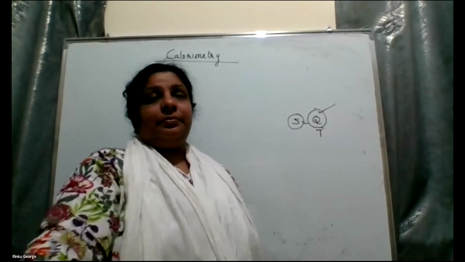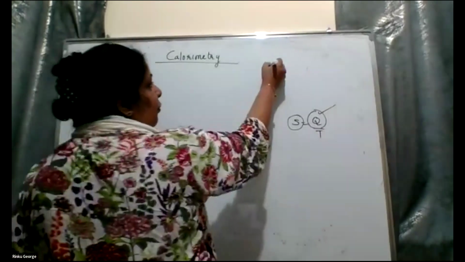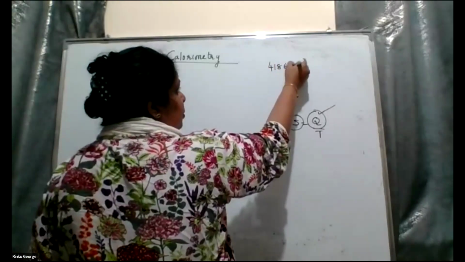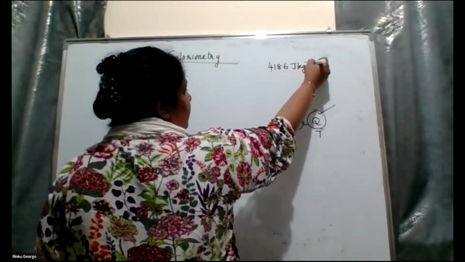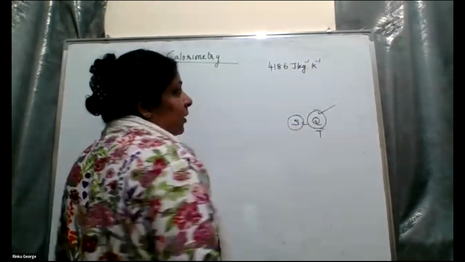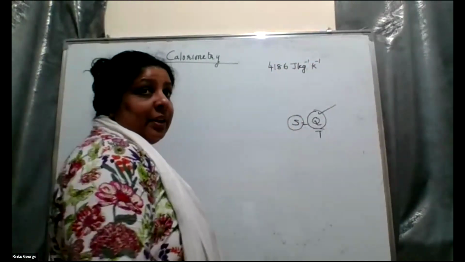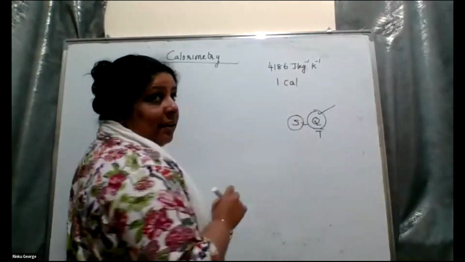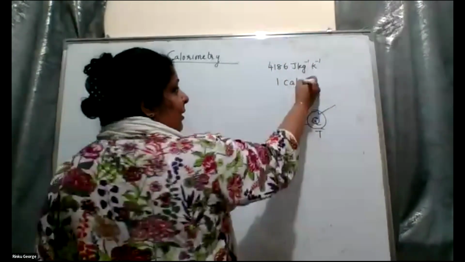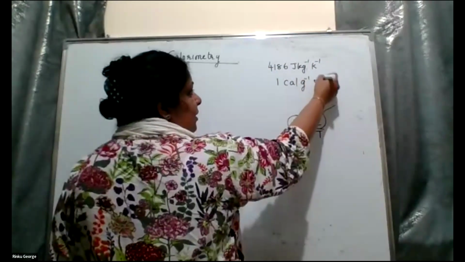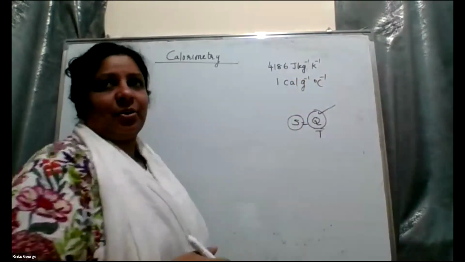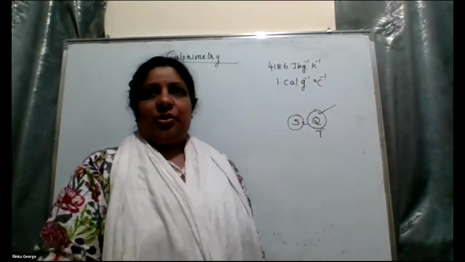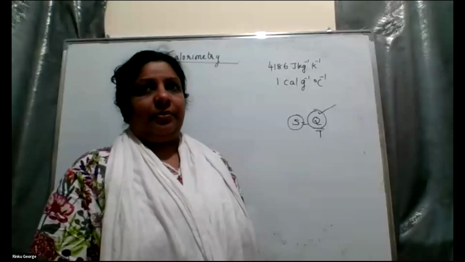In SI, water is 4186 joule kilogram raised to minus 1, Kelvin raised to minus 1. In CGS, it is 1 calorie gram raised to minus 1, degree Celsius raised to minus 1. Degree Celsius or Kelvin doesn't matter, they are interchangeable.